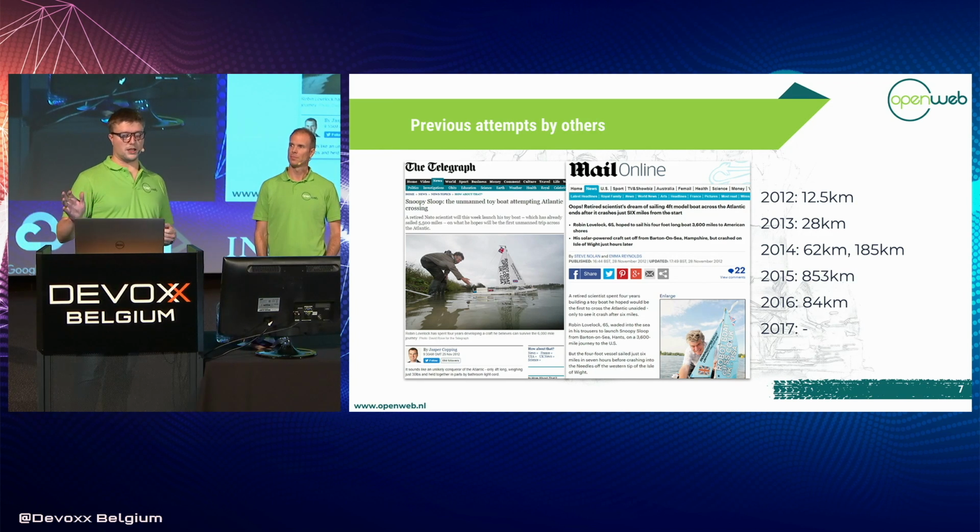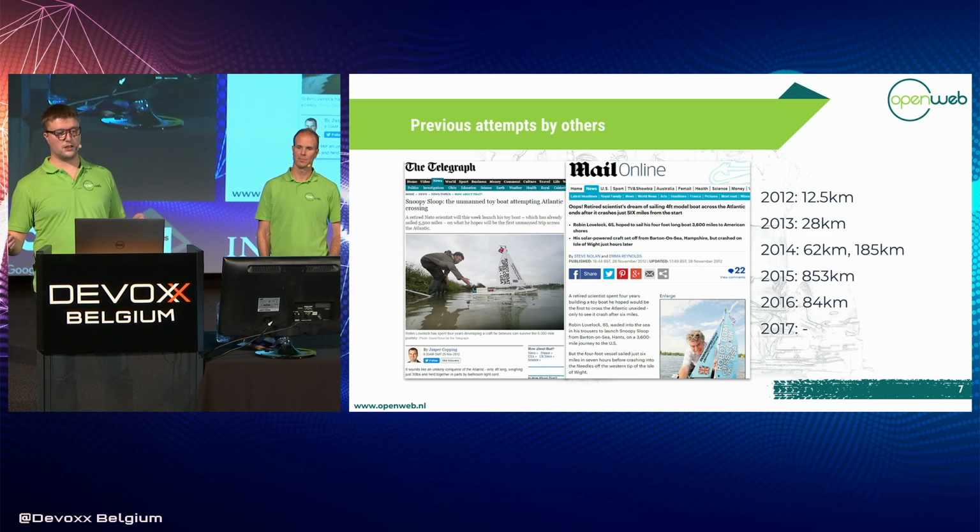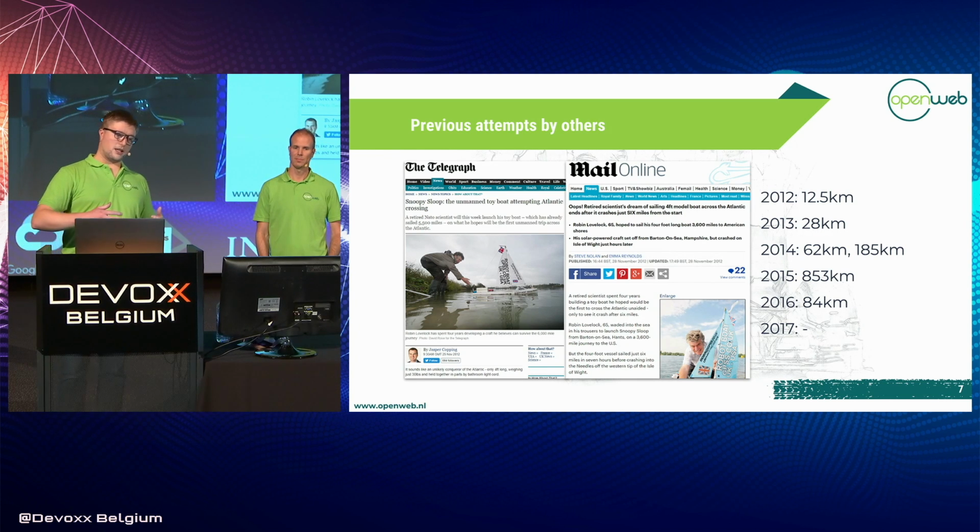Small note, probably after 50 kilometers it was already broken, and it was going with the tide. 2017 was the last known launch from them. During their launch, while they put the boat into the water, a big wave came, and the mast broke. So they got it into the news.